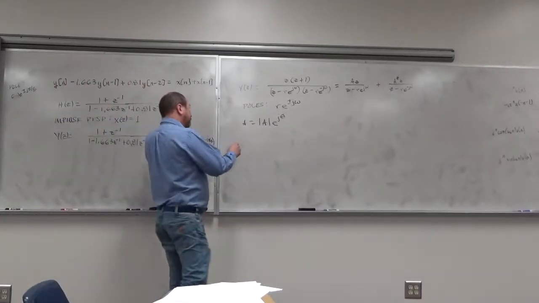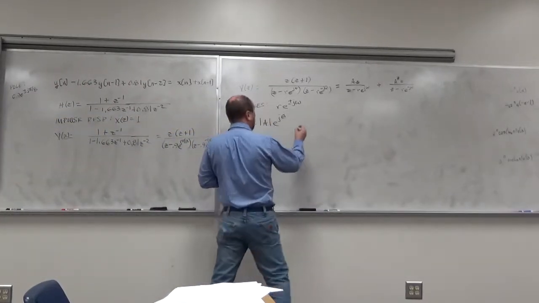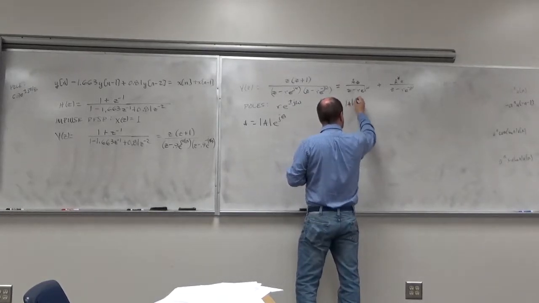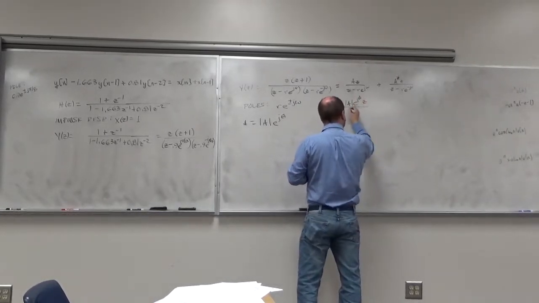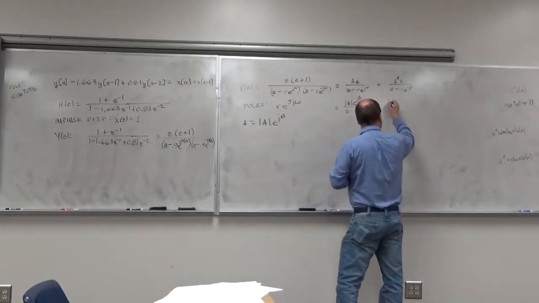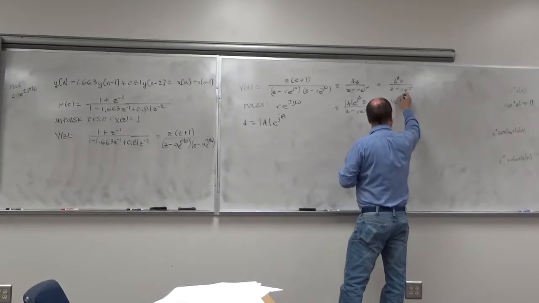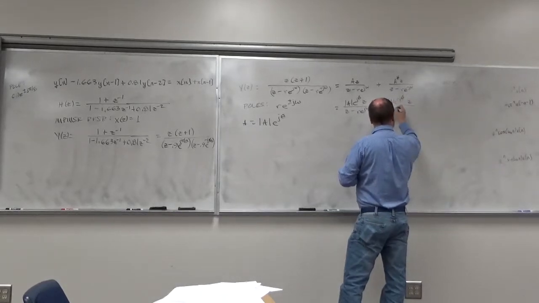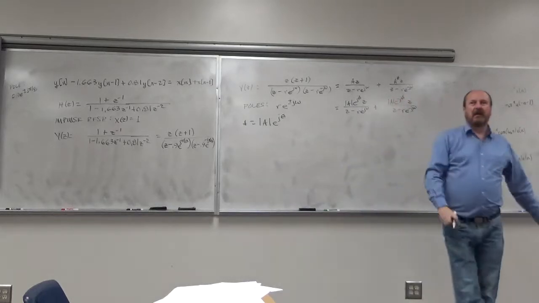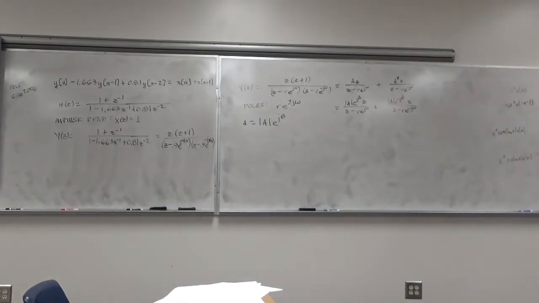So, now, what I have is magnitude of A e to the j theta z over z minus r e to the j omega plus magnitude of A e to the negative j theta z over z minus r e to the negative j omega. Are we all on the same page here? See where I'm getting this?